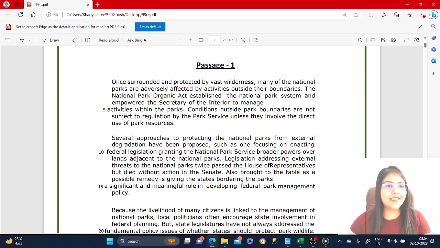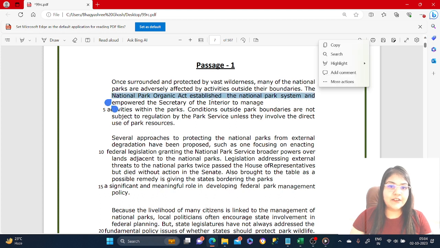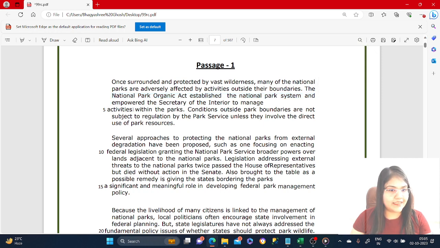So the first paragraph says, once surrounded and protected by vast wilderness, many of the national parks are affected by the outside boundaries. So there is a vast wild national park. Of course it's a national park, and then it's talking about the National Park Organic Act. It was established, then the national park system empowered the secretary to manage the activity.